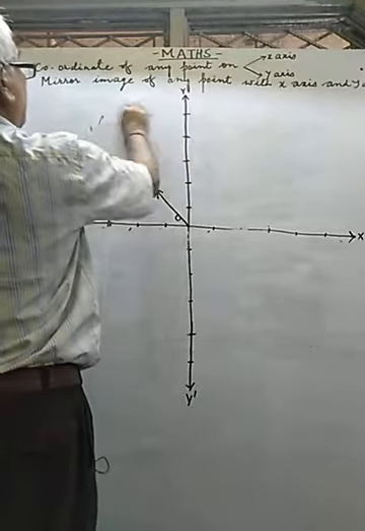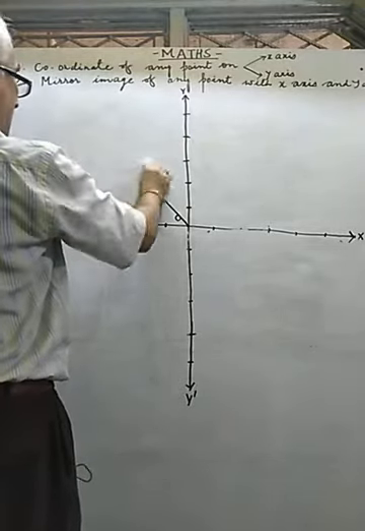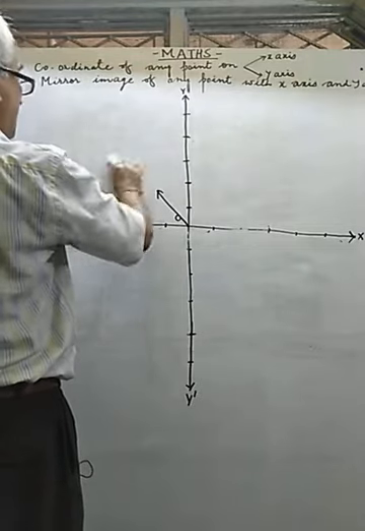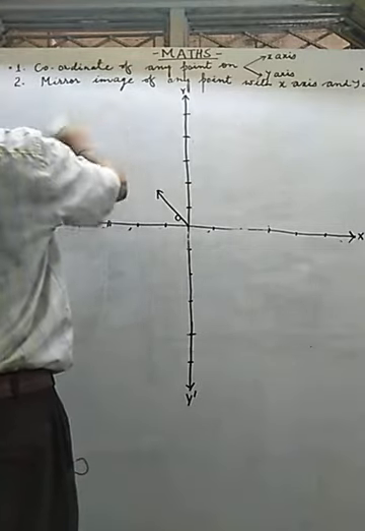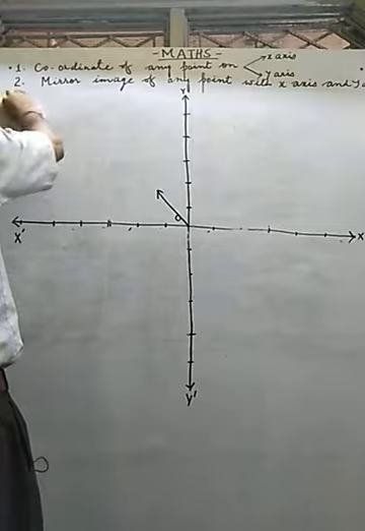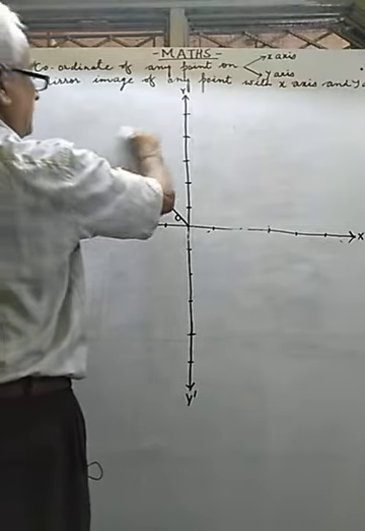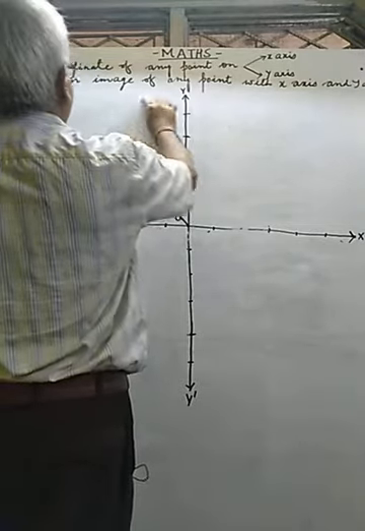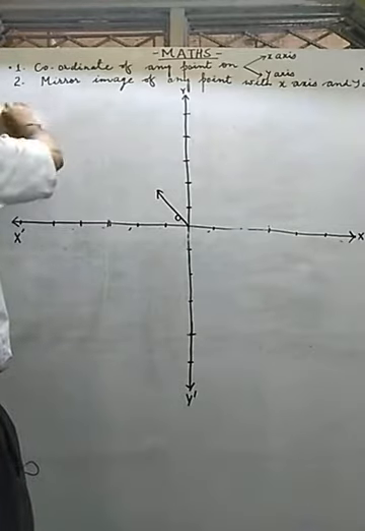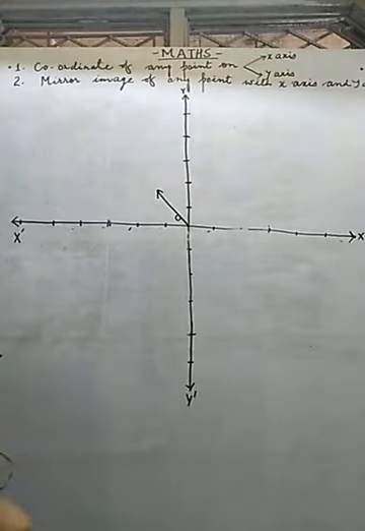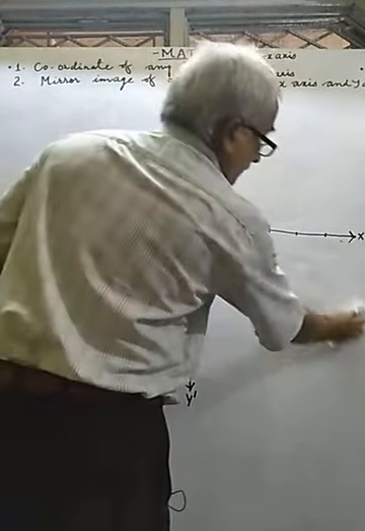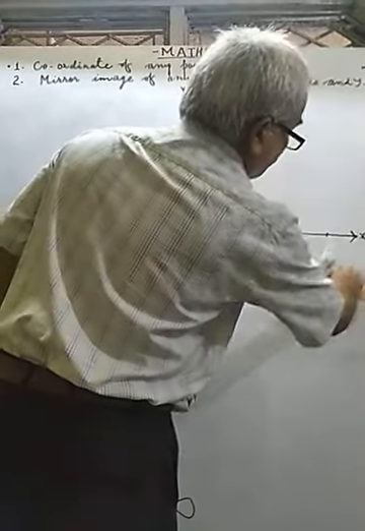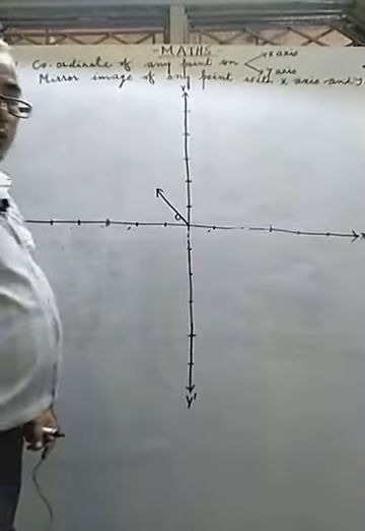You know, for a closed figure, how many points are required? The minimum should be 3. If 2 points are there, then we cannot create any closed figure. So at least 3 points are required for the formation of any closed figure.